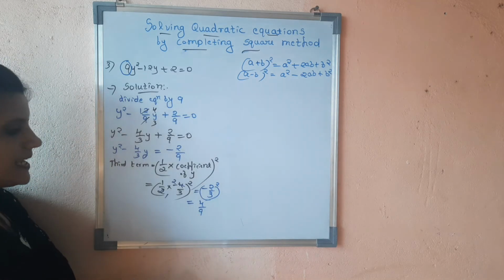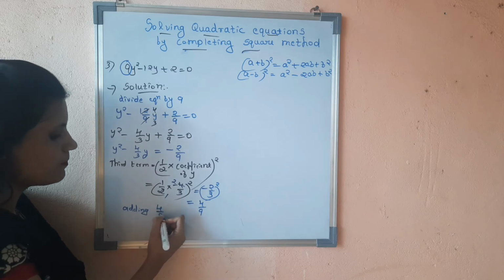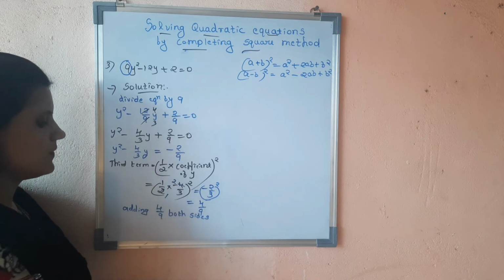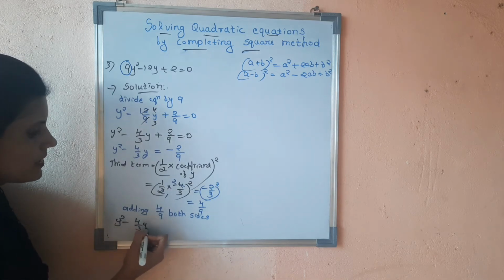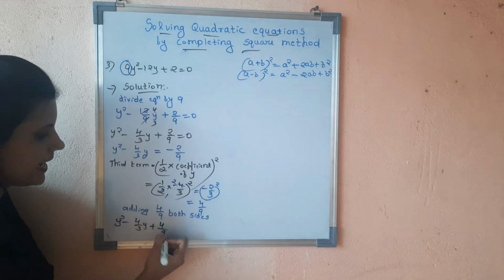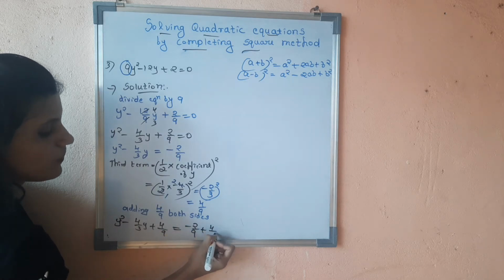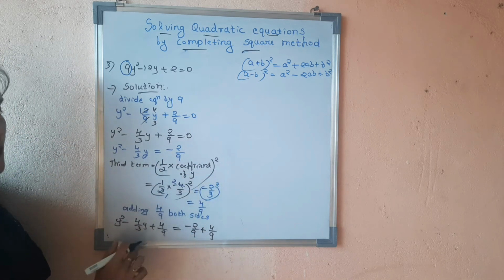Now the next step is adding 4 upon 9 both sides. We will get y square minus 4 upon 3y plus 4 upon 9 is equal to minus 2 upon 9 plus 4 upon 9. I have added 4 upon 9 to both sides of this equation.